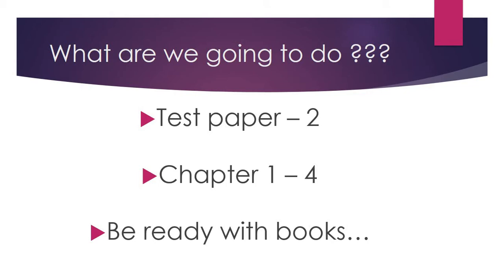Please give the heading test paper 2 in the header part of your books, test paper number 2 or just test paper 2 as I have written, and then write chapter 1 to 4. These are the two headings you have to give: test paper 2, and then leave one line below that and give chapter 1 to 4 as the heading.